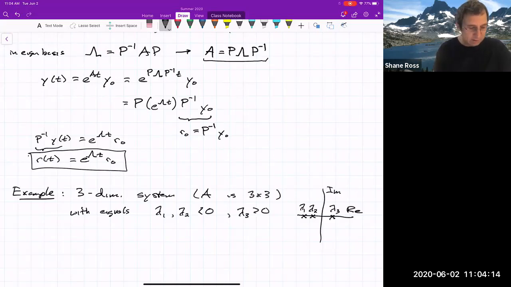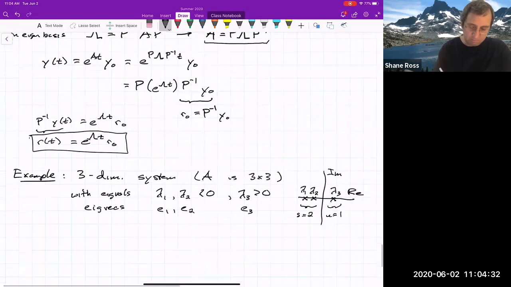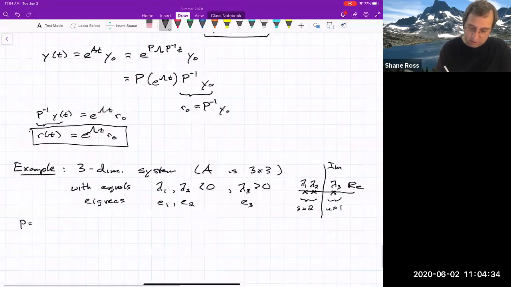So we have S equals 2, U equals 1. So the corresponding eigenvectors are E1, E2, and there's a corresponding eigenvector E3. We would construct this P matrix.